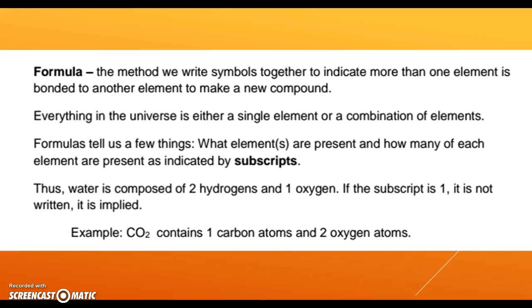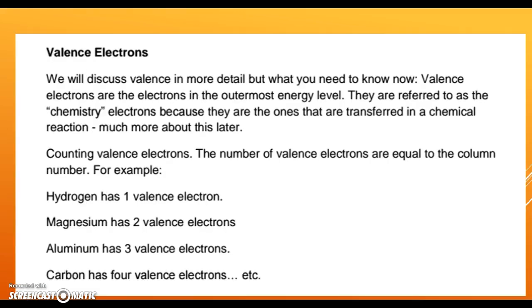Because we have H2O, that 2 tells us that there are two hydrogen atoms. The 1 is not written, it's just implied. If it wasn't 1, it would be written out there. So in H2O, we know there's one oxygen atom. Another example would be carbon dioxide, CO2. There's one carbon atom and two oxygen atoms present.